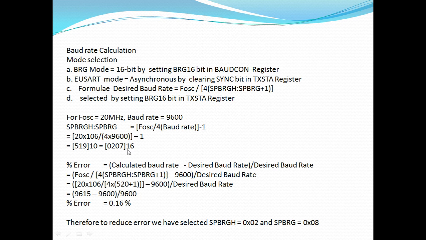This will give this value. Now there is an actual error while calculating the baud rate, so we will approximate these values to the next values, that is 0208. This will be loaded inside the SPBRGH higher byte register and lower byte register. The formulas will remain the same for calculation of these baud rates.